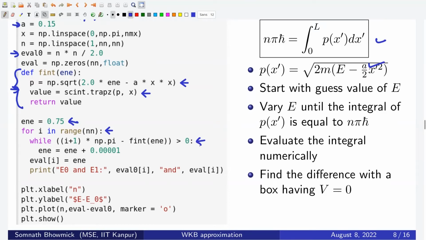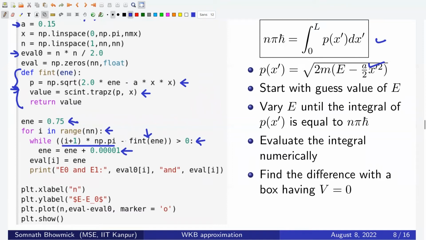The while loop checks whether the momentum integral is satisfying the quantization condition or not. If the quantization condition is not satisfied for the guess value of the energy, we increase the guess value of the energy and try again. In this step, we call the user-defined function with the guess value of energy and then compare whether the quantization condition is satisfied or not.